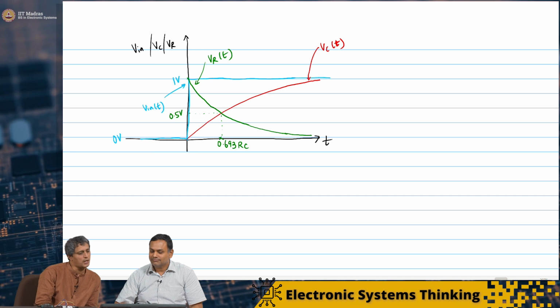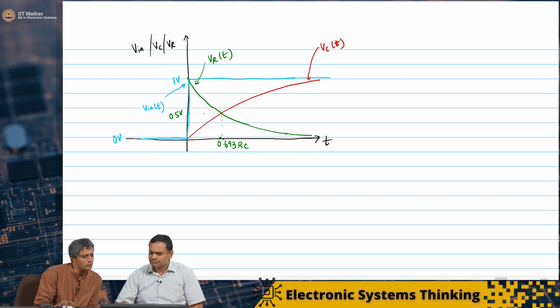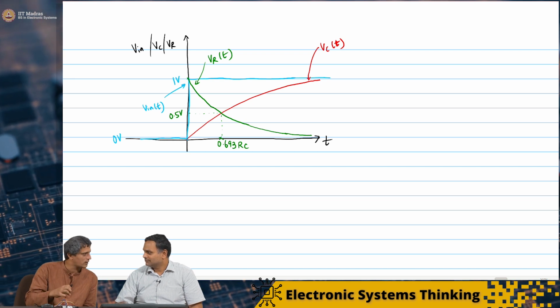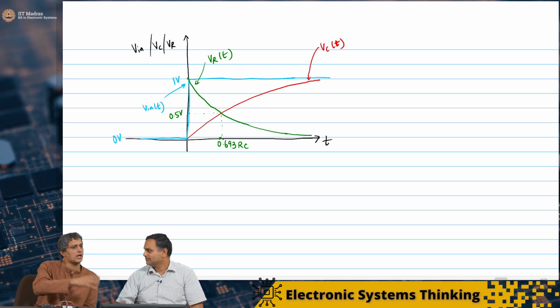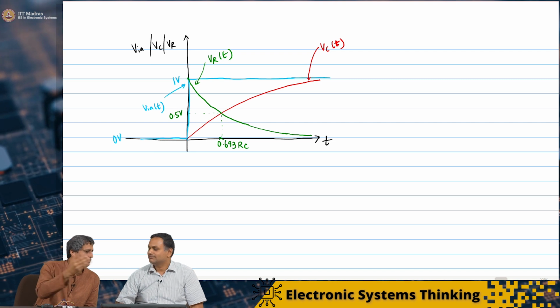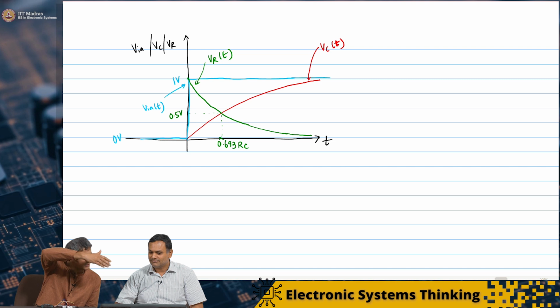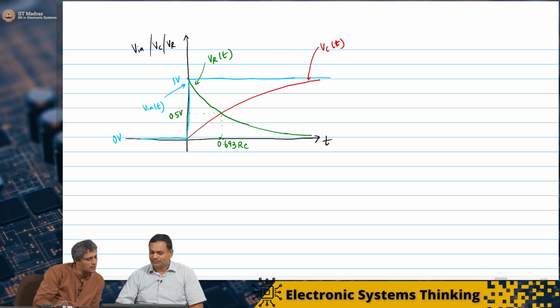So intuitively, it seems like the capacitor initially is sort of a short circuit and then it's charging up to a final value. The resistor seems to be like an open circuit or something at that point. What's happening?